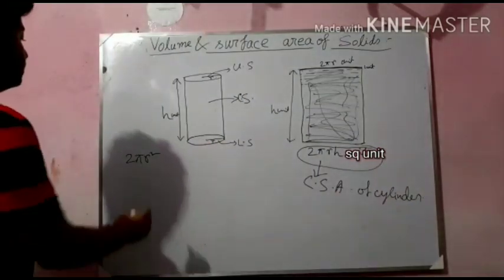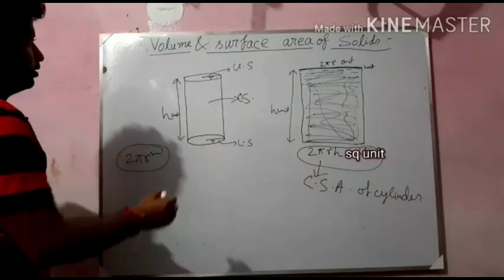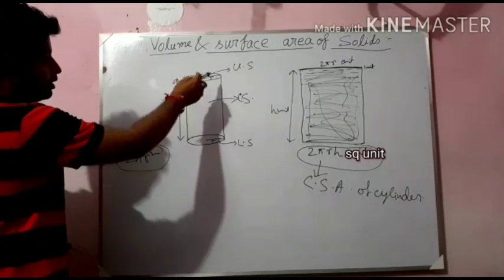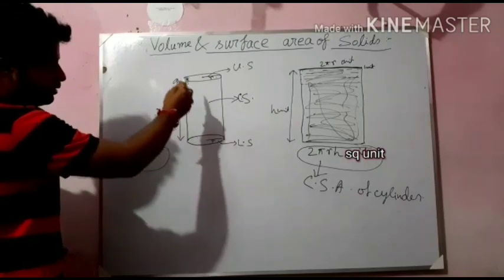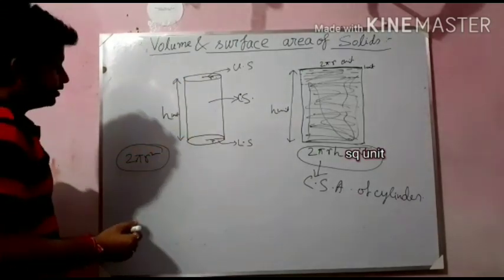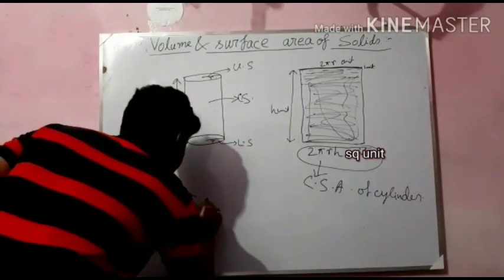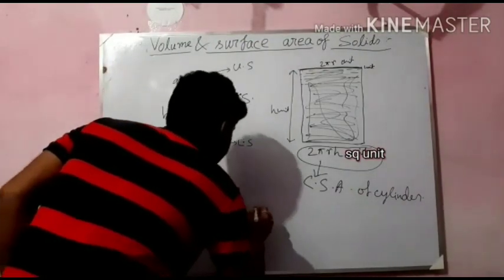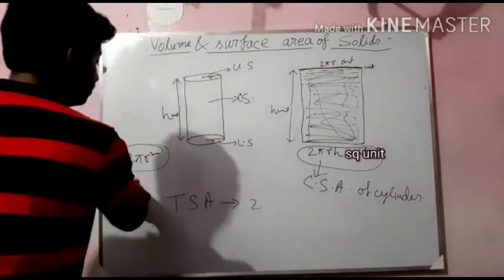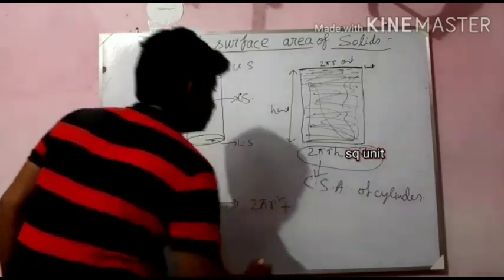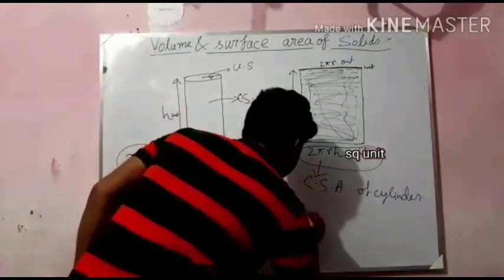So, this was the total plane surface area, taking the upper circular plane surface and lower circular plane surface. So the total surface area for a cylinder is this one plus this one.